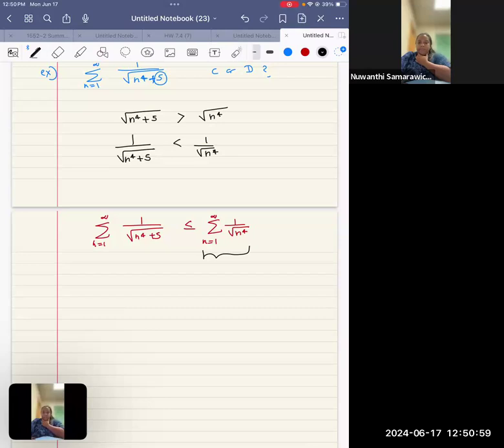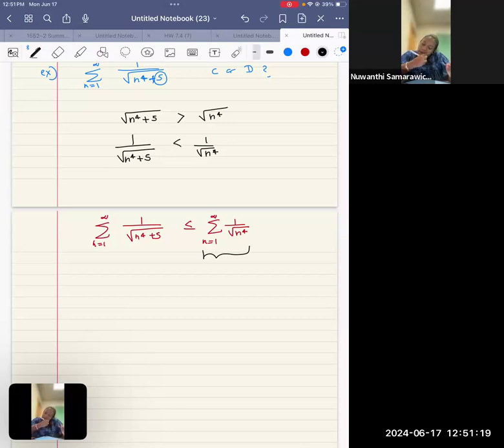Convergent. Emma says divergent. If you give an answer, can you tell me why? What is the reason?